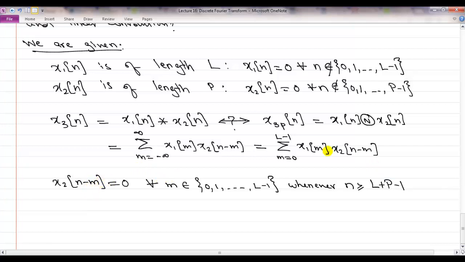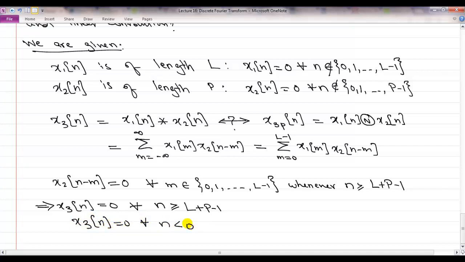And if it will be 0, then this whole summation will be 0. So this means that x3 of n will be equal to 0 for all n greater than or equal to L plus P minus 1. And the same will be true for n less than 0: x3 of n will also be equal to 0 for all n less than 0.